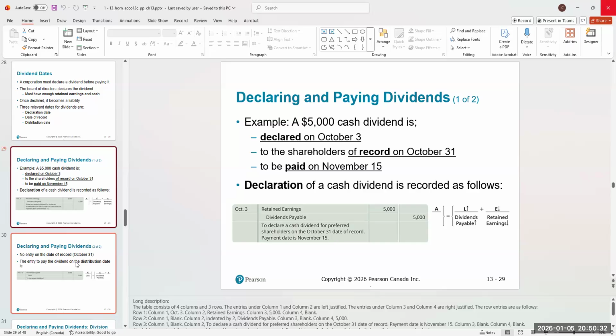So what that means is, don't sell your shares before October 31st. If you sell your shares on November 1st, you're still going to get the dividend, which was declared on October 3rd.